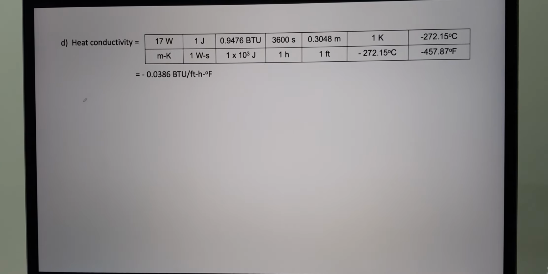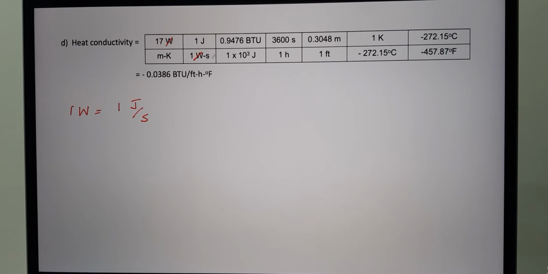Again, look at the unit conversion, where 1 watt equals 1 joule per second. When we want to cancel out this unit, the given watt is at the top, so this watt should be at the bottom because we want to cancel out watt and watt.